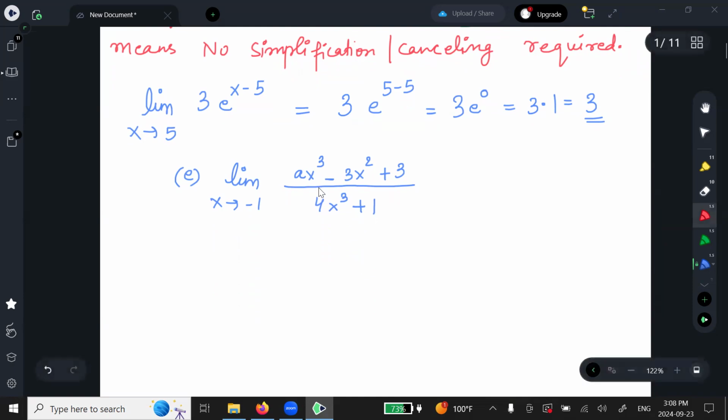So this is how you check if you can plug in the number or not. Thought process. Again, you do not have to write it. It's just for you to understand.